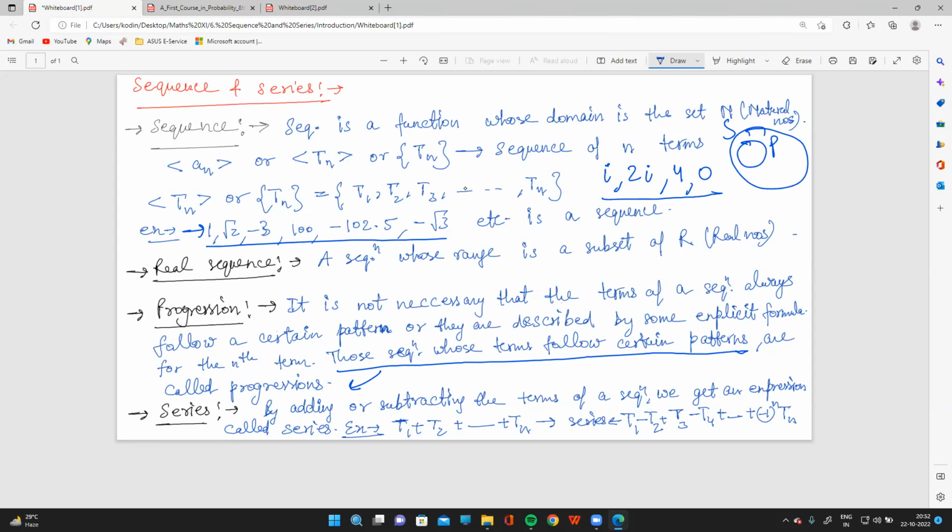Progressions are a subset of sequence, right?